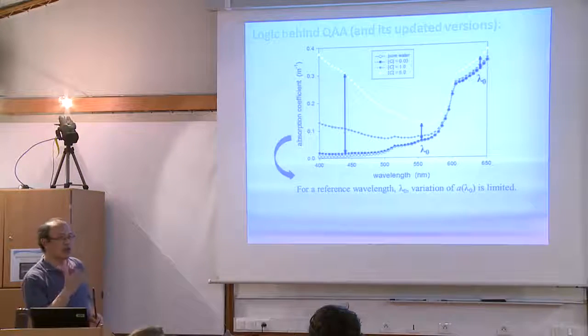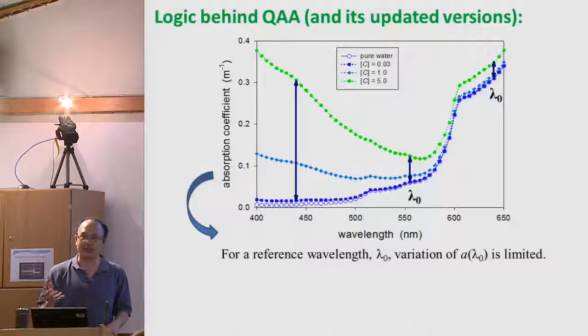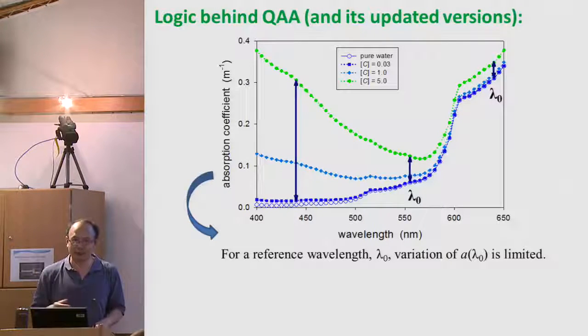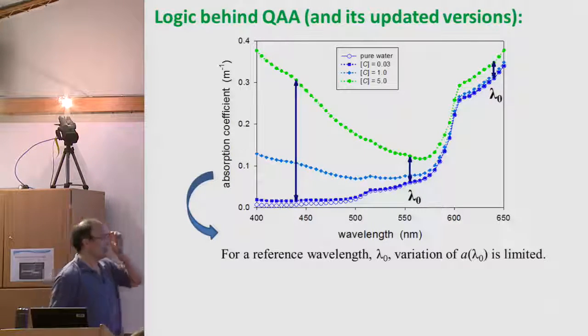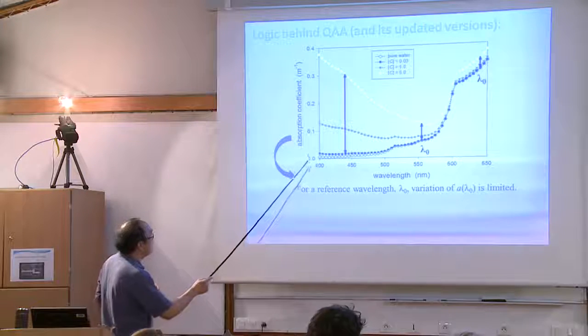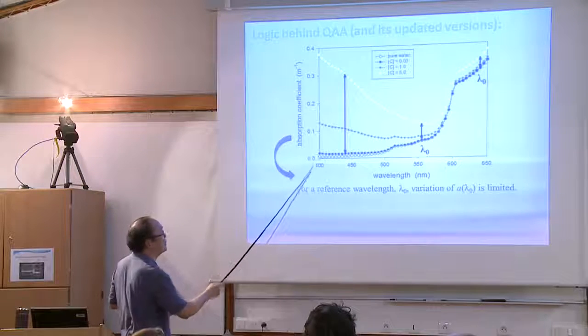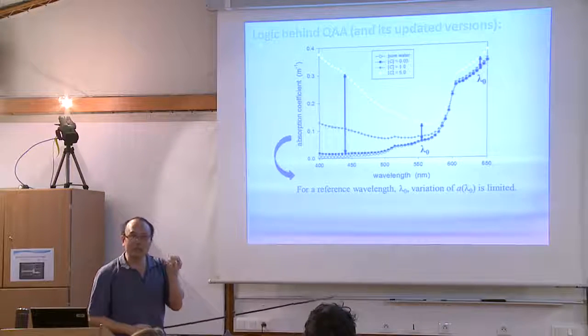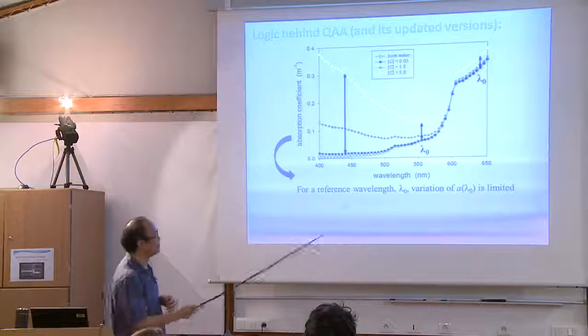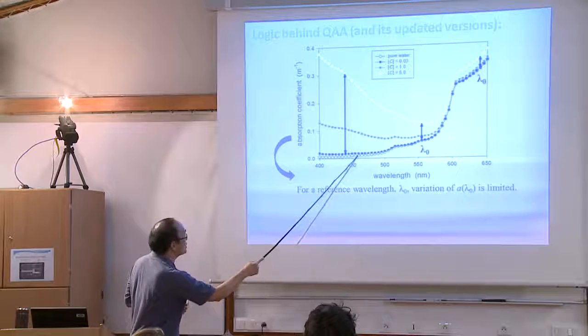Okay, what's the logic behind this reference wavelength for the absorption? Here is the wavelength axis, and here's the total absorption coefficient. When there are no components at all, when it's pure seawater, it will be this open circle.